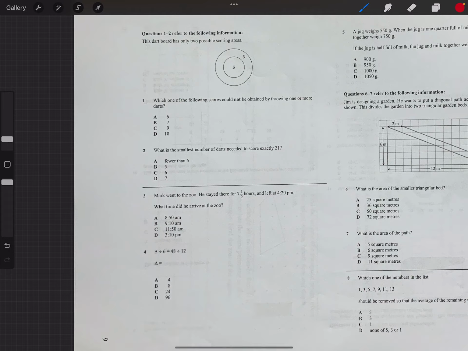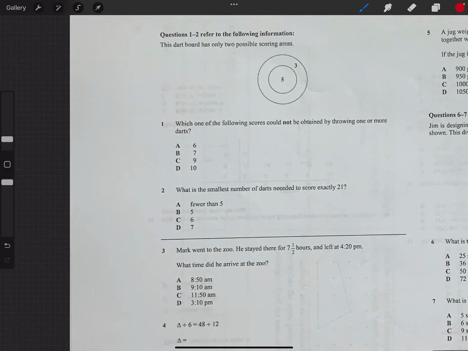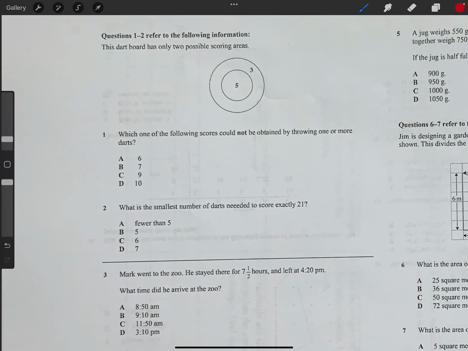Alright, we're going to do some multiple choice questions here. This says a dartboard has only 2 possible scoring areas. Which of the following scores could not be obtained by throwing one or more darts? Let's see, can we get a 6? Yes, this could be a 3 plus 3. So imagine someone throws a dart, they get a 3, and they throw another dart, they get another 3.